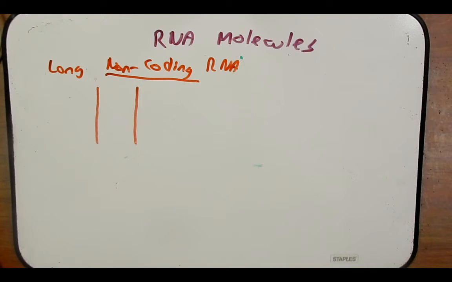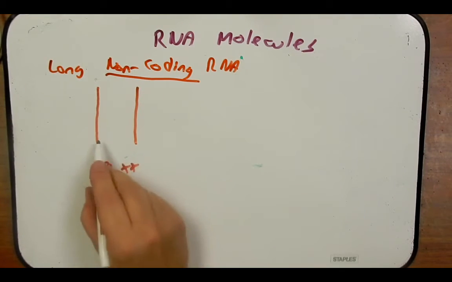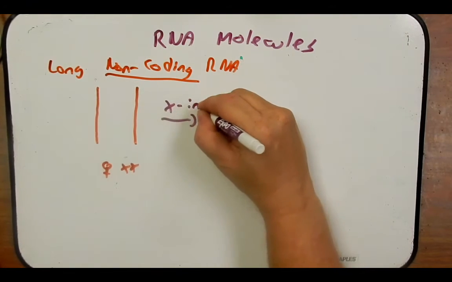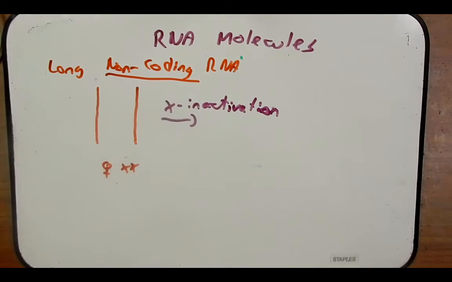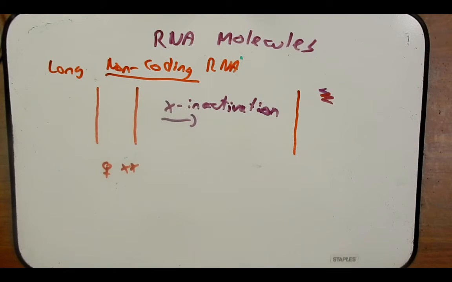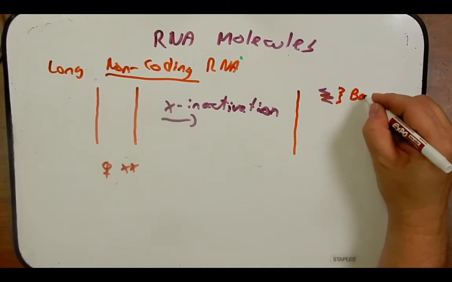We know that in females there are two X chromosomes. A female with two X chromosomes, and these are those two X chromosomes. We know that through the process of X inactivation, one of these X chromosomes gets inactivated, and it gets inactivated by these non-coding RNAs, and it forms what I try to show here as a bar body.